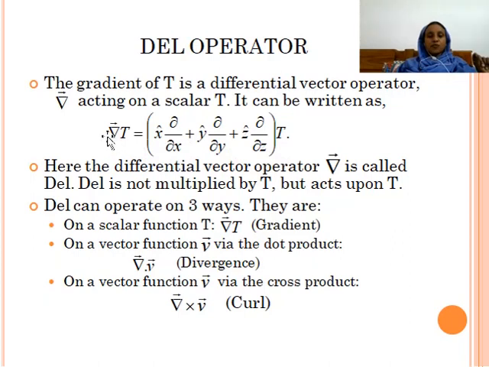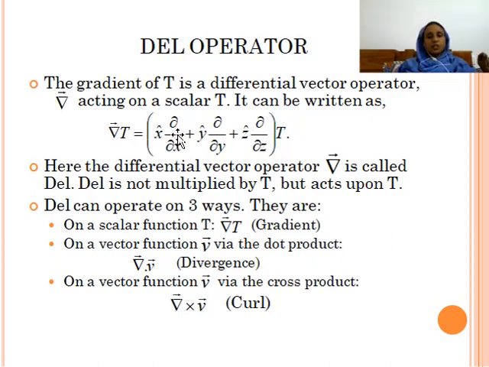If you write only the terms inside the parenthesis, not this T, it is not complete, because dou by dou x, dou by dou y, dou by dou z are all operators.